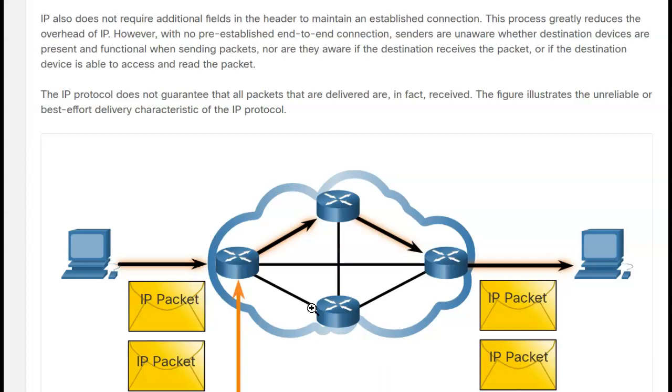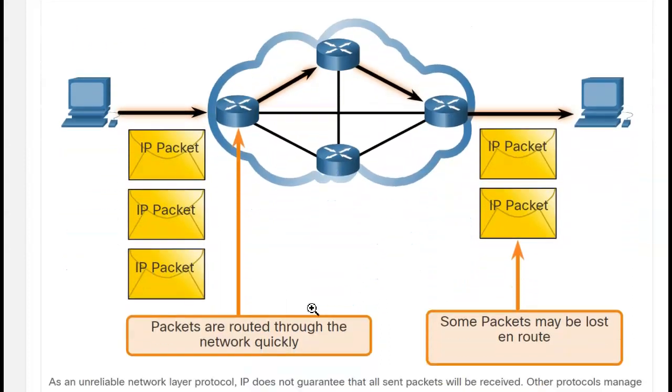That's going to be someone else's job. I'm going to try, but it's some other protocol, another layer, that's going to say, hey, I am missing segment X. It may be unreliable, but it is still trying to do the best delivery method possible.